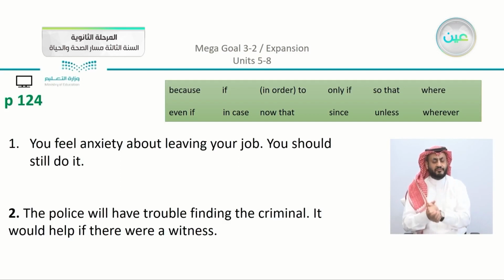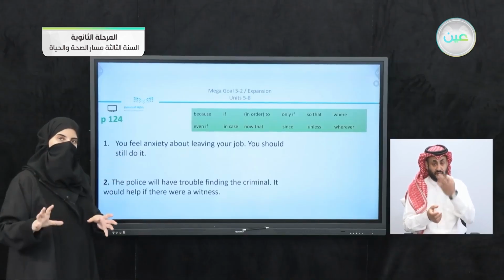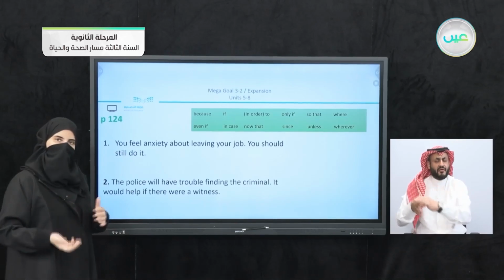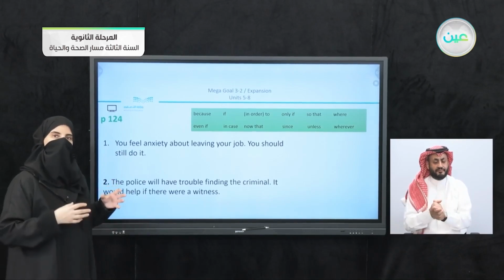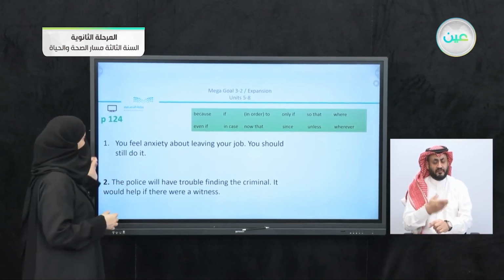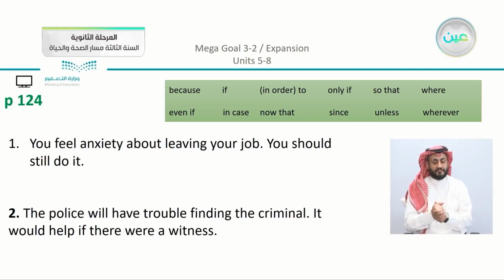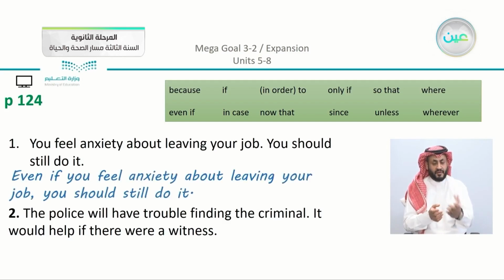Here you can see that I put the box with the conjunctions, so we can make use of it. I'm going to give you just a second here. So we have here the sentence we can write: even if you feel anxiety about leaving your job, you should still do it.